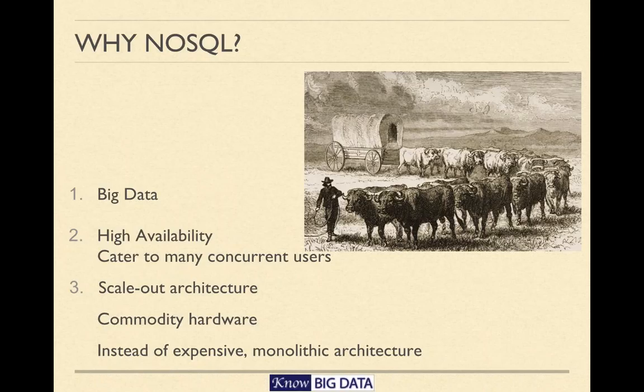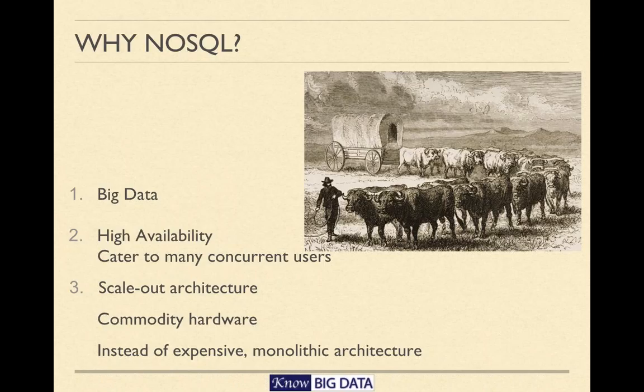So basically, as and when your server runs out of disk space, you buy more hardware and add to it. Just like in case your single horse could not handle the load, you add more horses. In case those horses could not handle the load, then you add more cattle to the single cart.